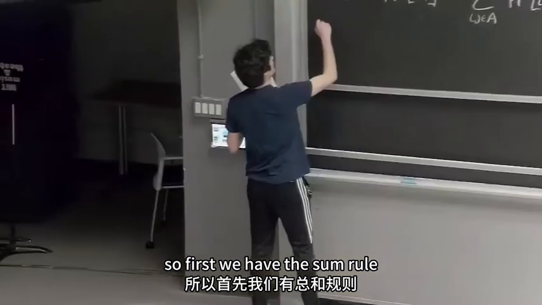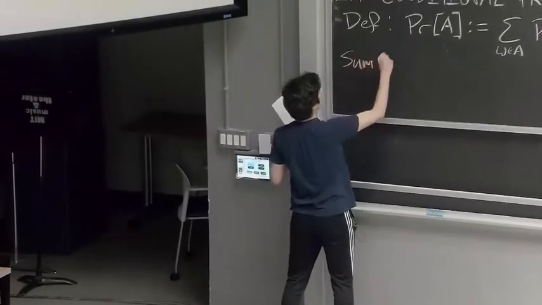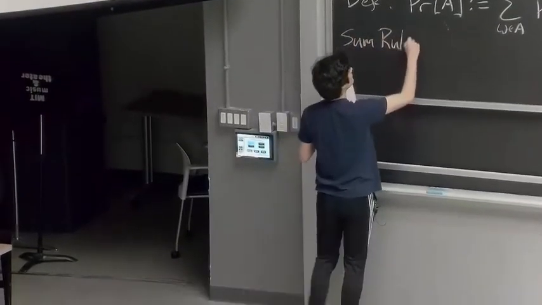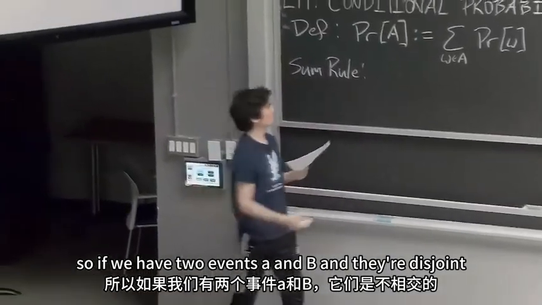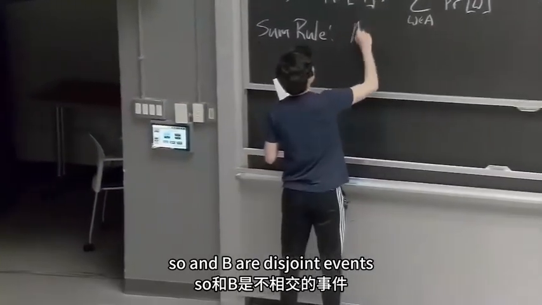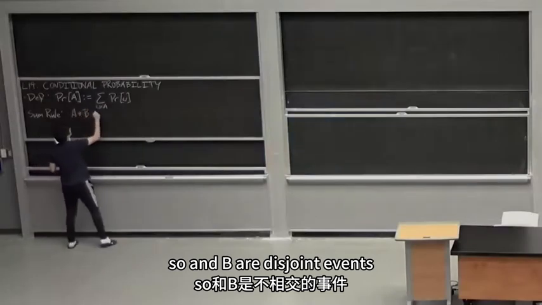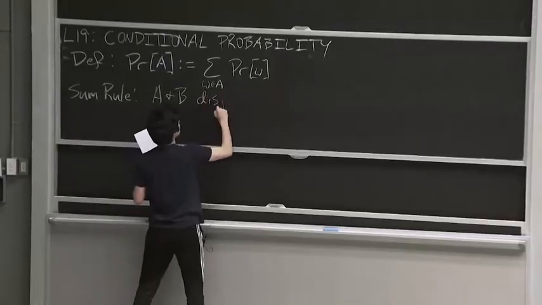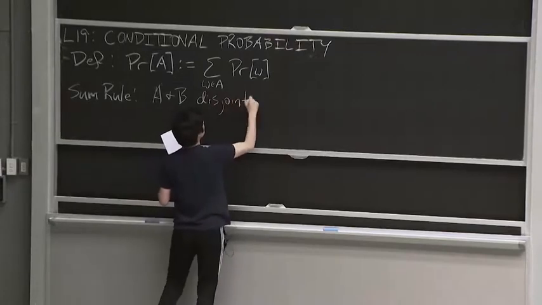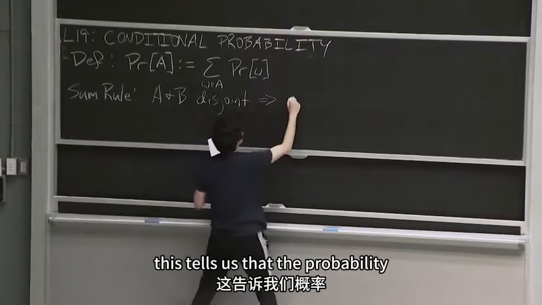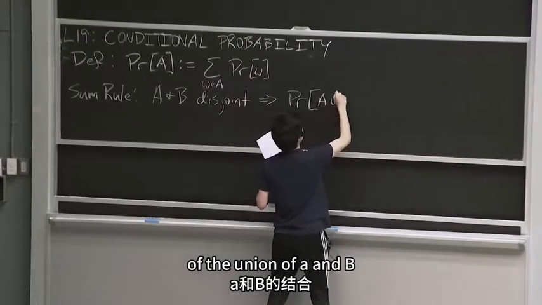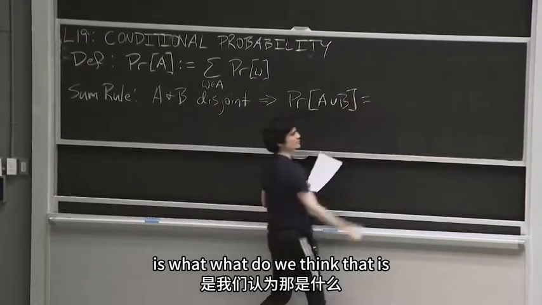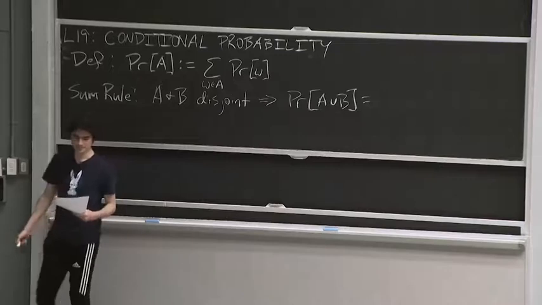So first, we have the sum rule. So if we have two events, A and B, and they're disjoint, this tells us that the probability of the union of A and B is what? What do we think that is?